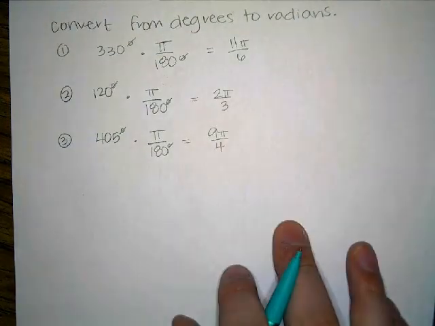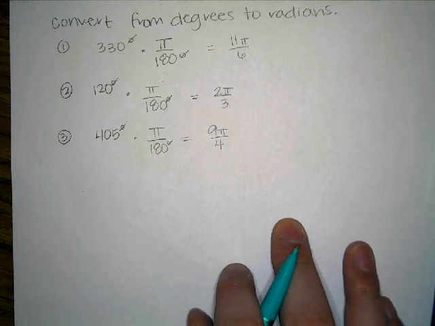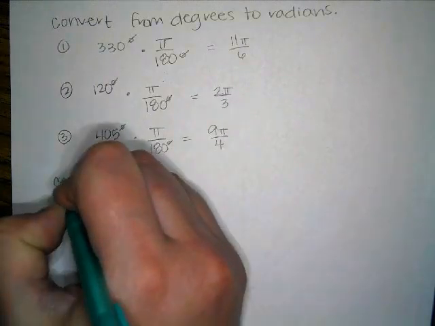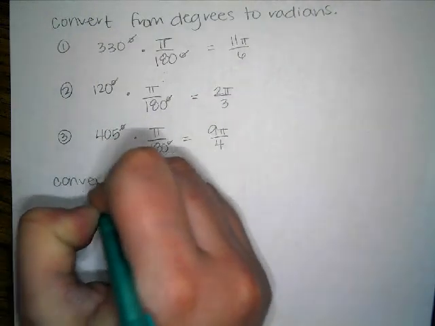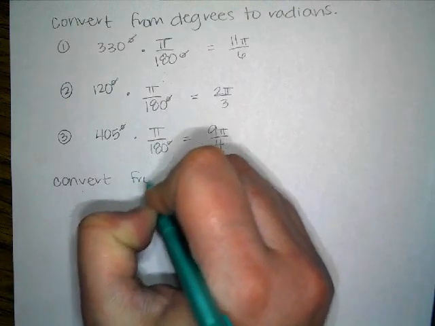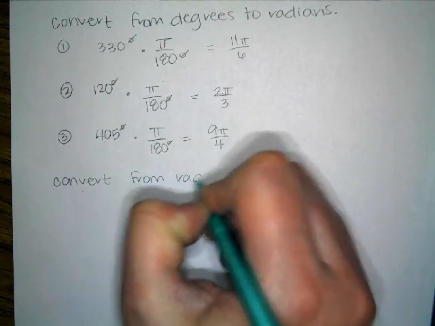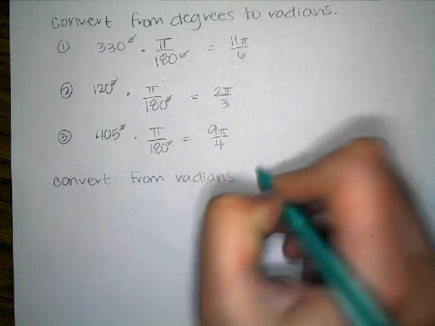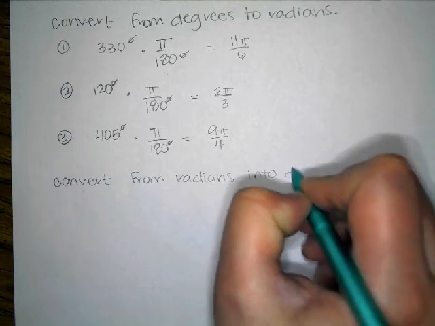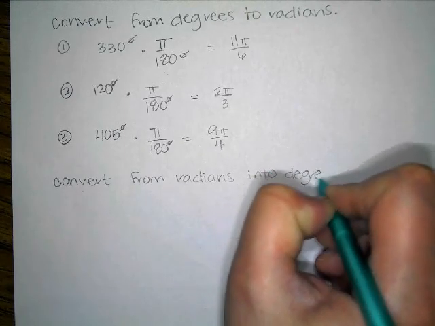Okay. Now, if we're going to convert from radians into degrees, we're going to want to take the radian measure. So for this one, we're going to do 5 pi over 6.